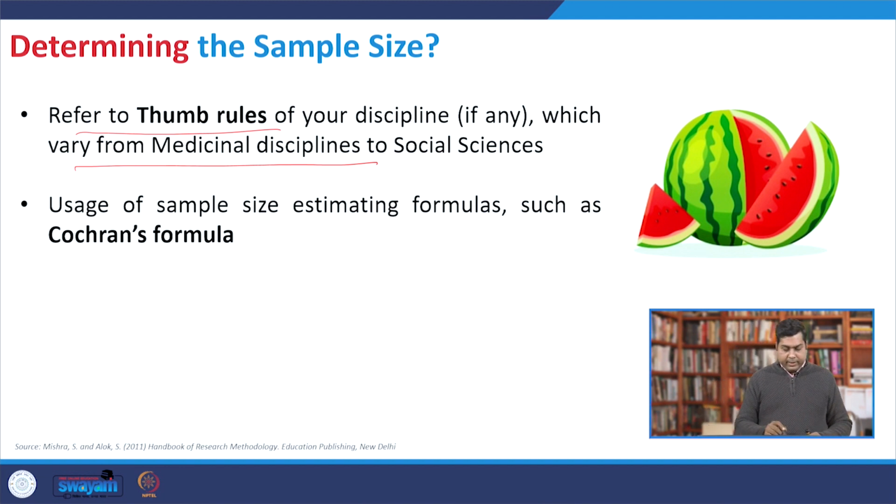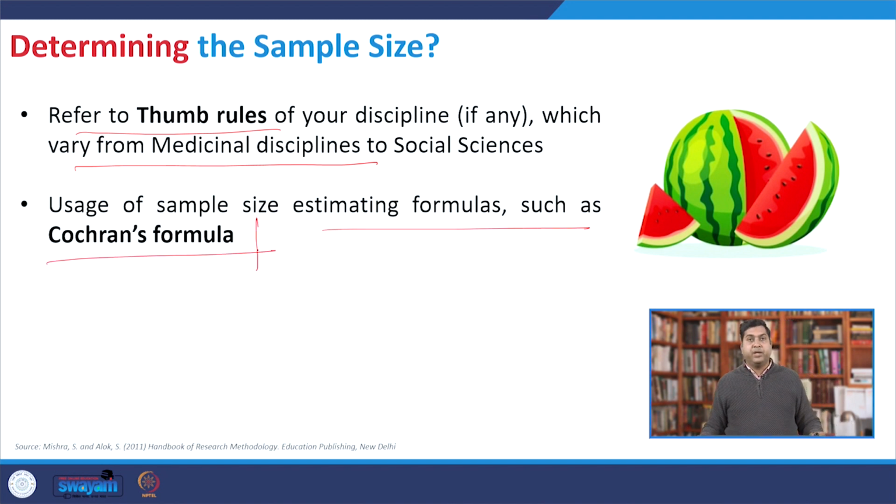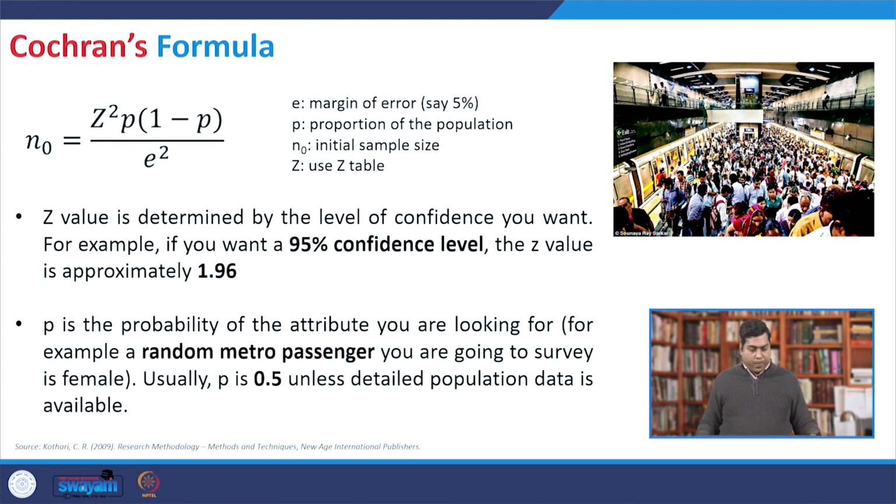Now in this case some established formulas are there. Here I will show you Cochran's formula by which you can calculate the sample. We take the same example about sample size, where the daily metro users are about 55 to 60 lakhs. Then what should be the minimum sample size from which we can get information about the metro experience?